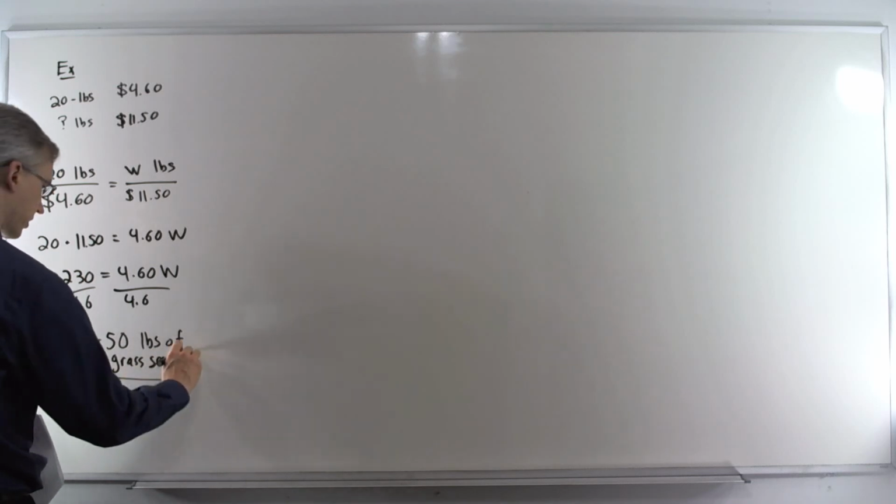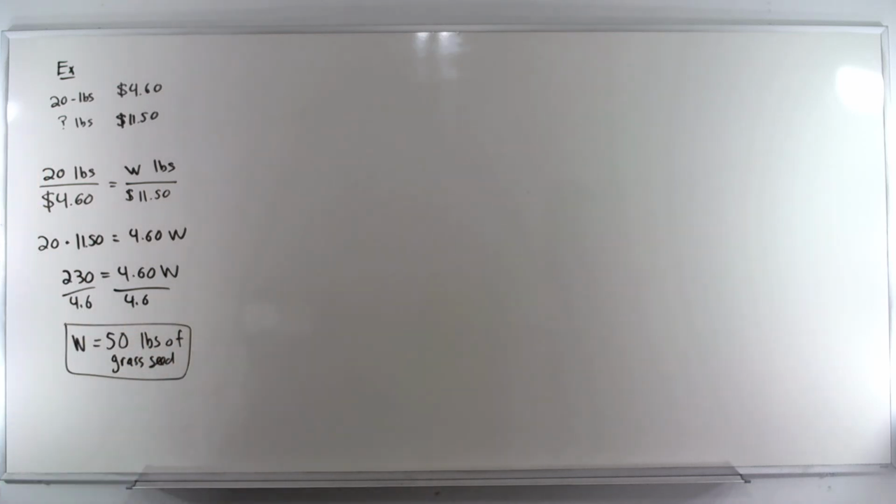And then include the units of what we're talking about. 50 pounds of grass seed.